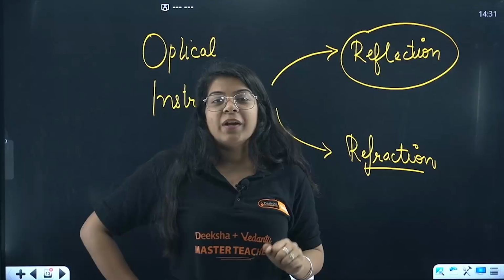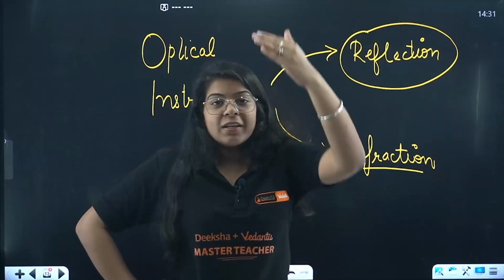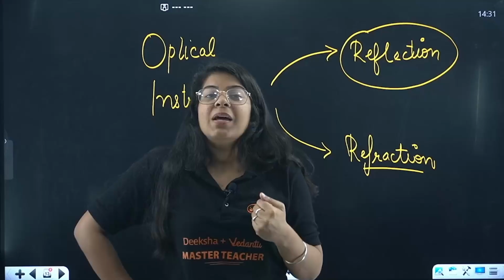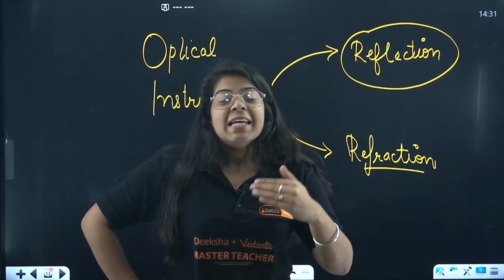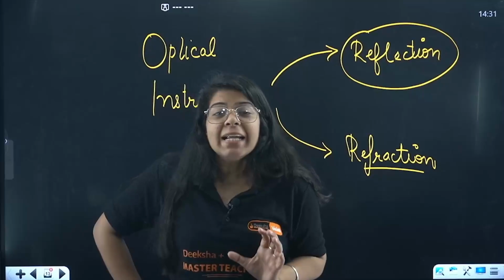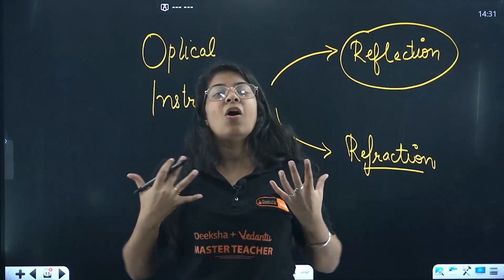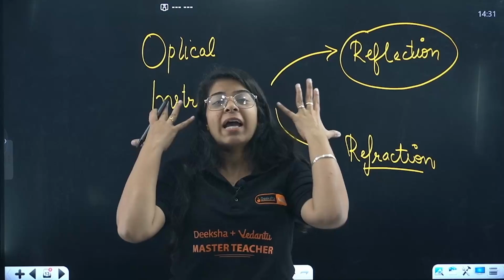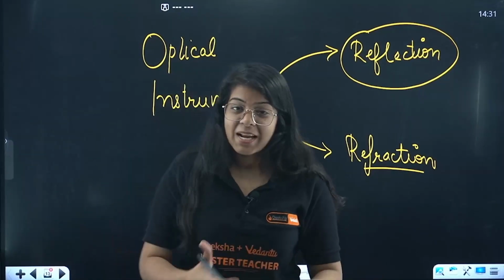You check your outfit, you make a get ready with me video. So where do you do that? You have a mirror, and that mirror is reflecting your image. The light rays from you are going into the mirror, and then from the mirror all the light rays are coming and hitting your eyes, and hence you can see the image in the mirror, right?